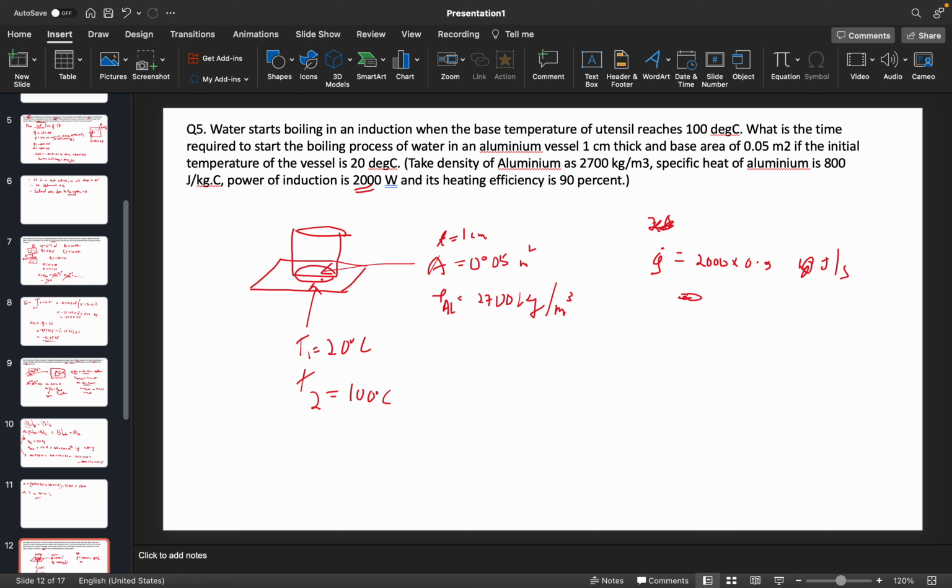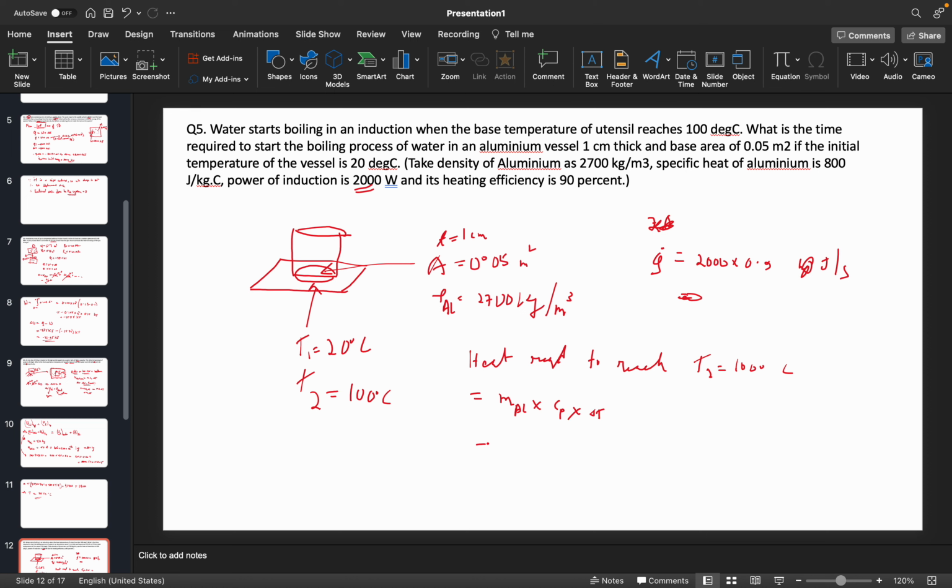What will be the heat required to reach T2 equal to 100 degrees Celsius for the aluminum? It is mass of the aluminum into Cp of the aluminum into delta T.